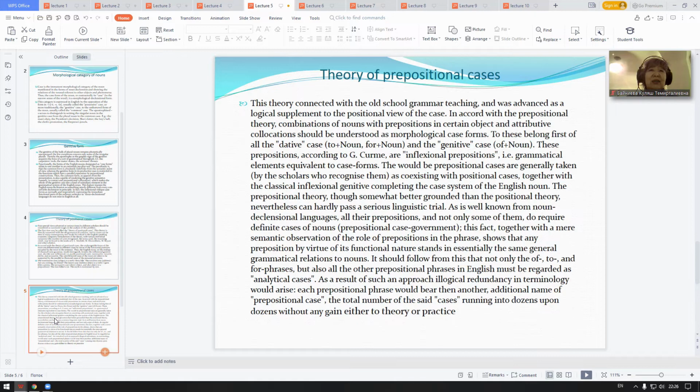As a result of such an approach, illogical redundancy in terminology would arise. Each prepositional phrase would bear then another additional name of prepositional case, the total number of the set cases running into dozens upon dozens without any gain either to theory or practice.